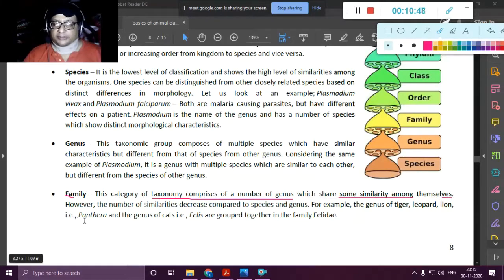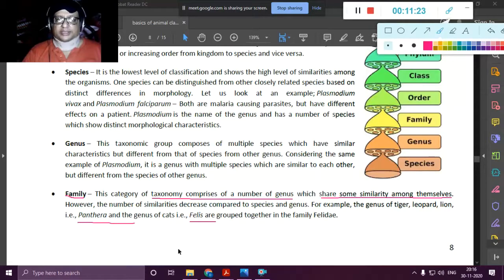For example, the genus Panthera, lions and tigers, Panthera leo and Panthera tigris. The genus of the cat is Felis. They belong to the family of large cats. You call them a family. So tigers and cats are in the same family.